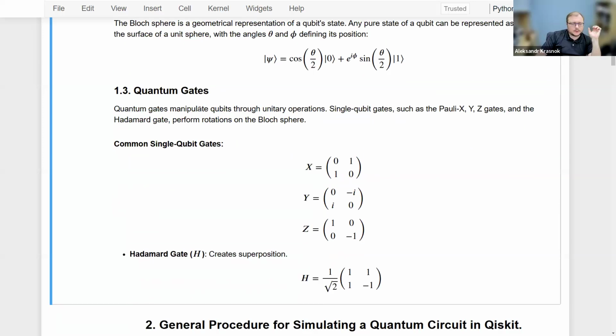We discussed the quantum gates with the focus on single qubit quantum gates.